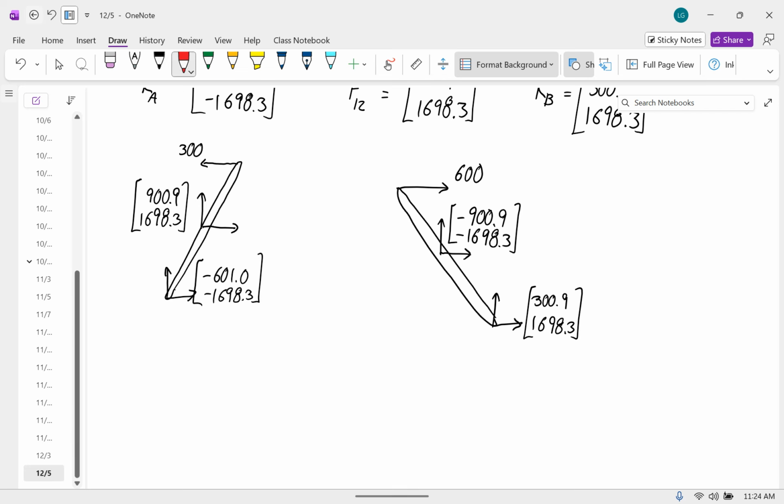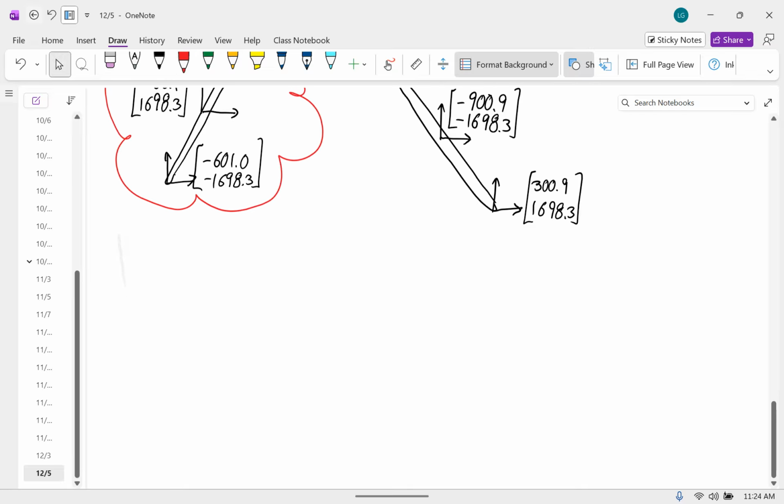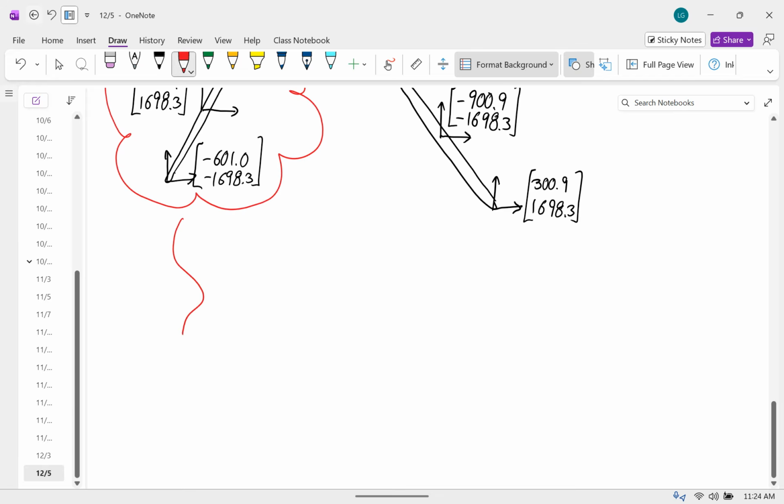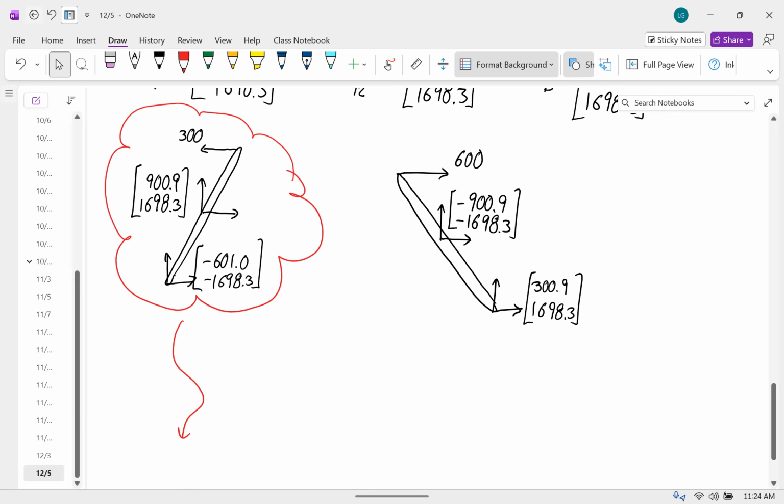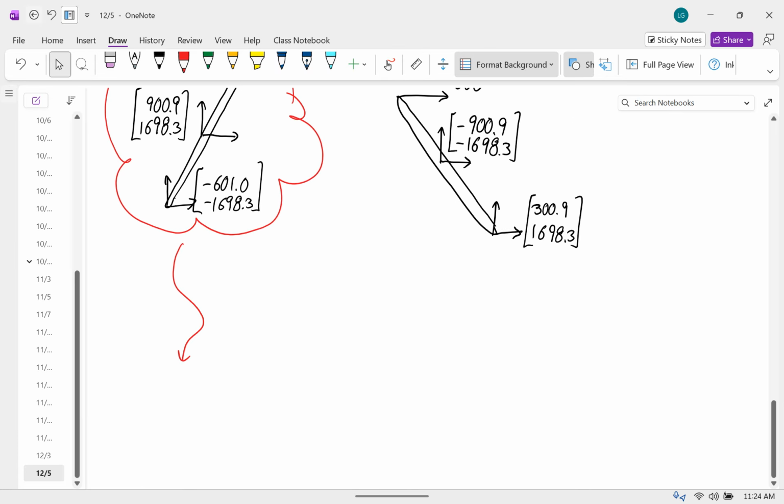So if we're going to do this one first, what we really want is to express all of these forces in terms of a coordinate system where the x-axis goes along the length of the beam and the y-axis is perpendicular like that.